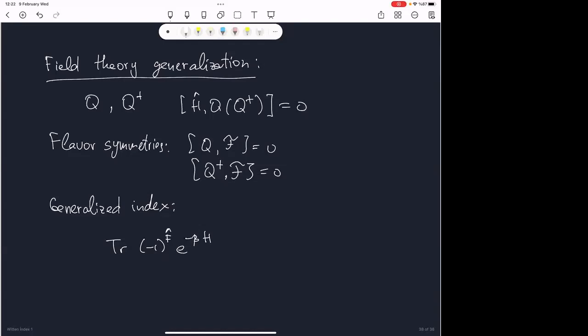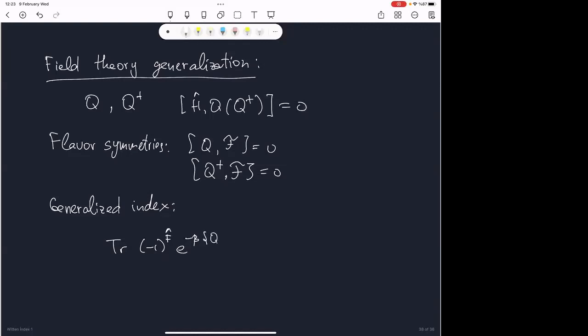You can call it H, of course, but what I mean is that it's some combination of generators like angular momentum, the usual energy, and for instance R symmetry and so on. What's R symmetry? It just rotates your supercharge. So let me write, instead of H, the anticommutator of Q and Q Dagger.